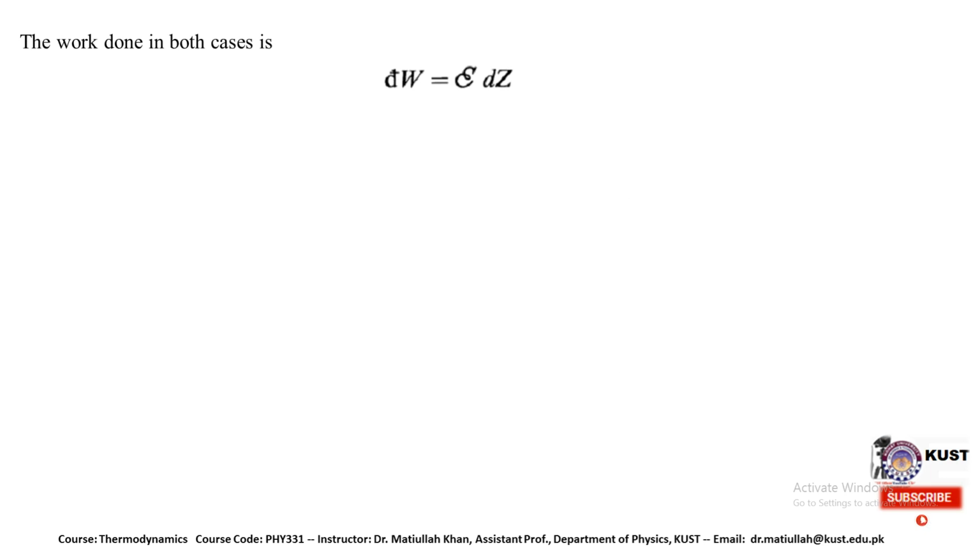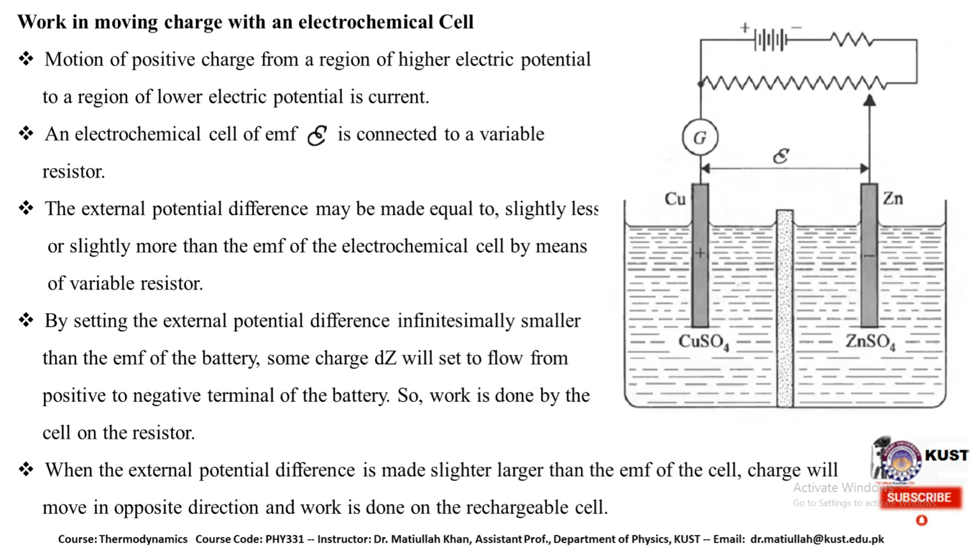The amount of work done in both cases, whether it is positive or negative, is equal to dW = epsilon dq.